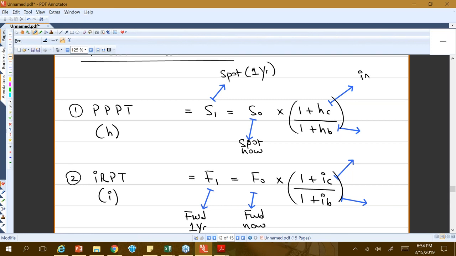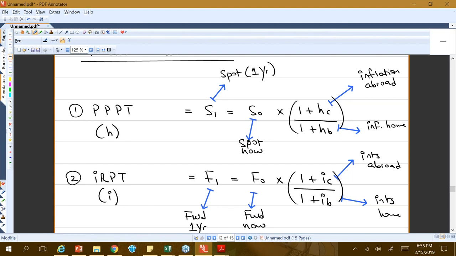HC is the inflation abroad, and HB is the inflation home. IC is the interest abroad, and IB is the interest home. So using this information in these calculations, we can simply work out the spot rates or the forward rates in future.